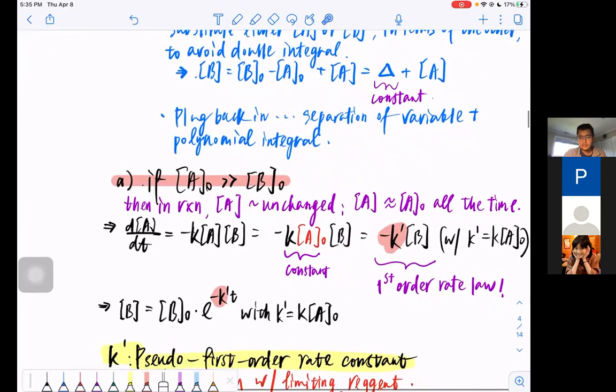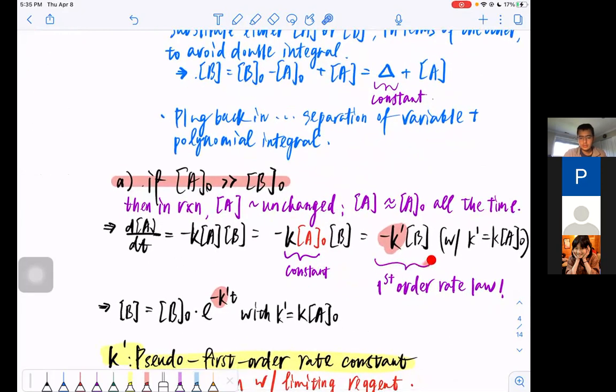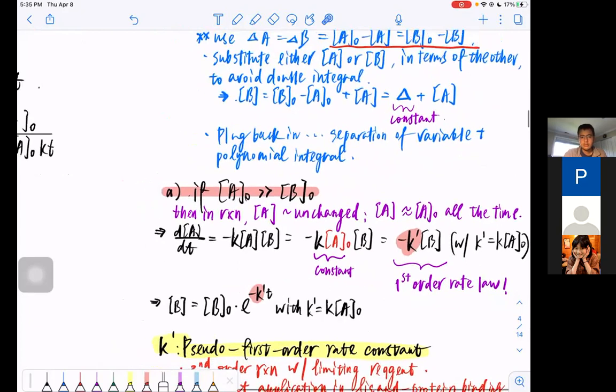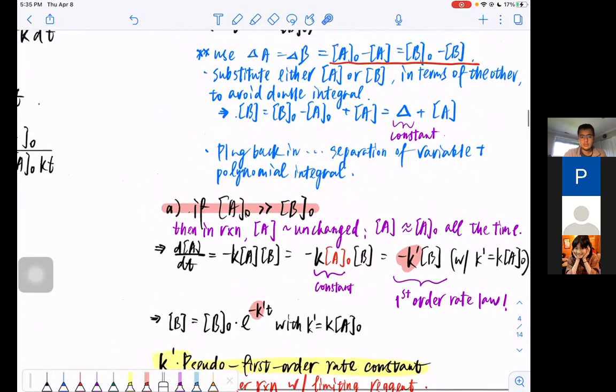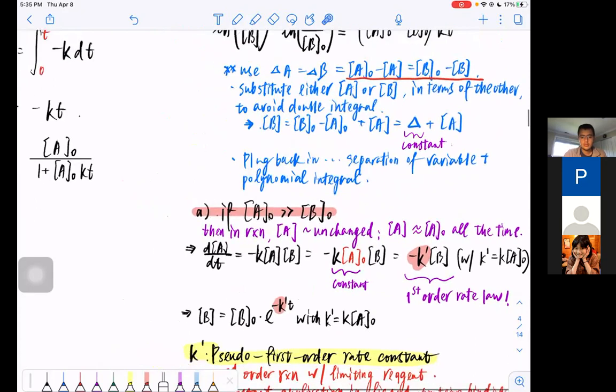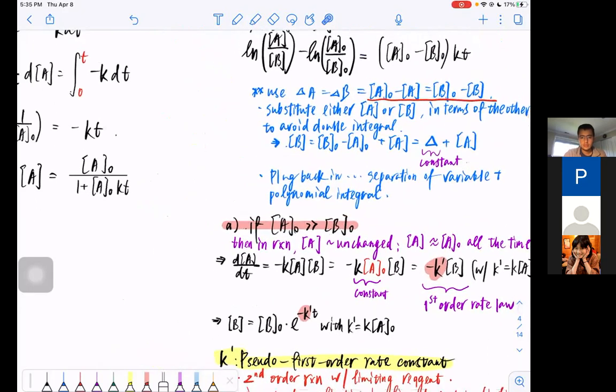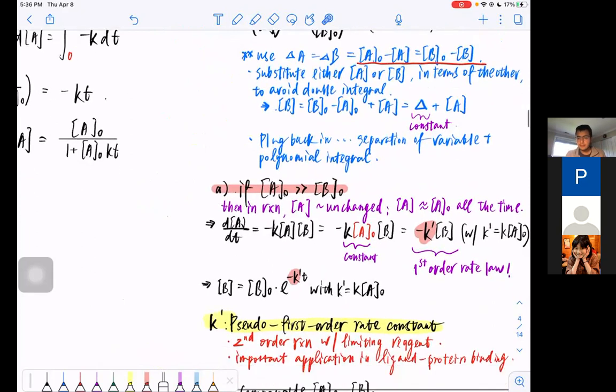Why do we want to do that? Because it essentially turns this expression into something very similar to what we see in the first order rate law, and that makes integration easy. We can write essentially the same thing we integrated from the first order rate law, using a different rate constant K prime, which is the product of K times A naught.